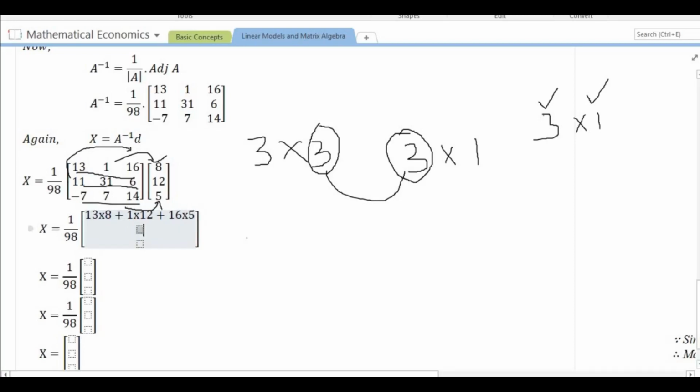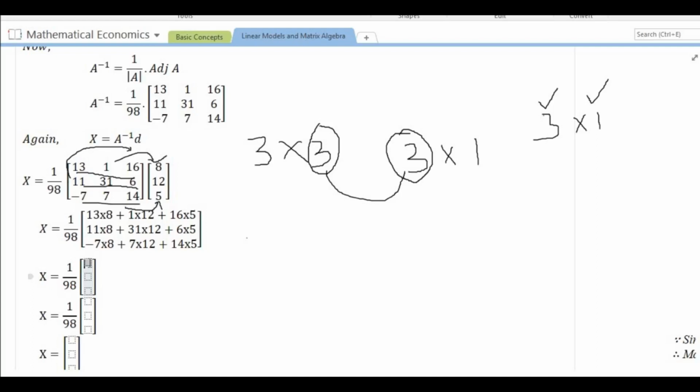Next, the second row, 11 times 8 plus 31 times 12 plus 6 times 5. The third row, minus 7 times 8 plus 7 times 12 plus 14 times 5.